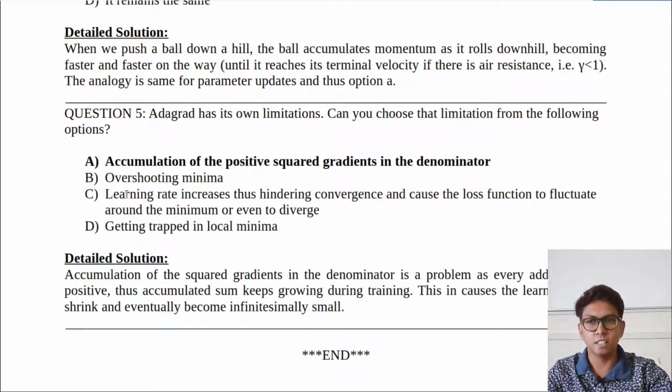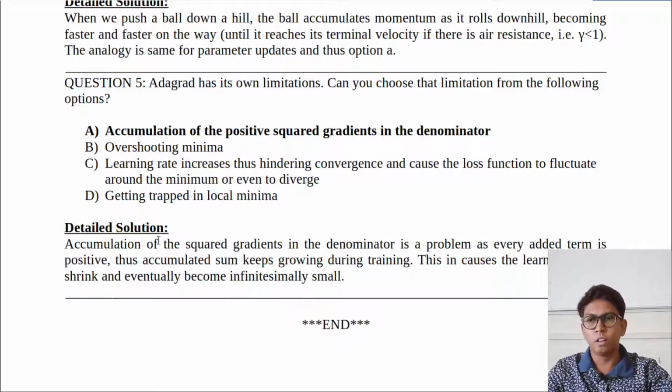Option C is learning rate increases, thus hindering convergence and causing the loss function to fluctuate around the minimum or even to diverge. Option D is getting trapped in local minima. The correct option here is that AdaGrad has a limitation: accumulation of positive squared gradients in the denominator.